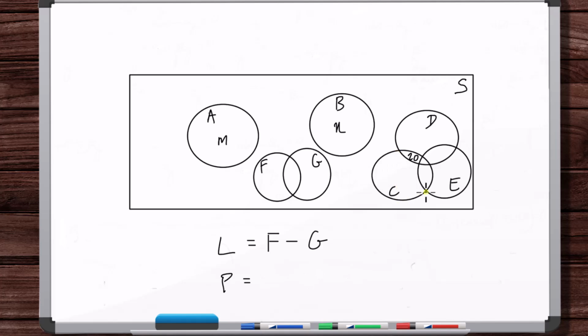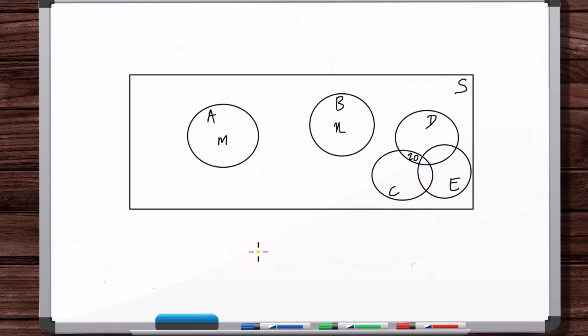Okay. Now, we can also think about the idea of the opposite of a set, or like you can call it the not of a set. So I could say set P, this new set P, is the opposite of A, not A. You put this bar on top.